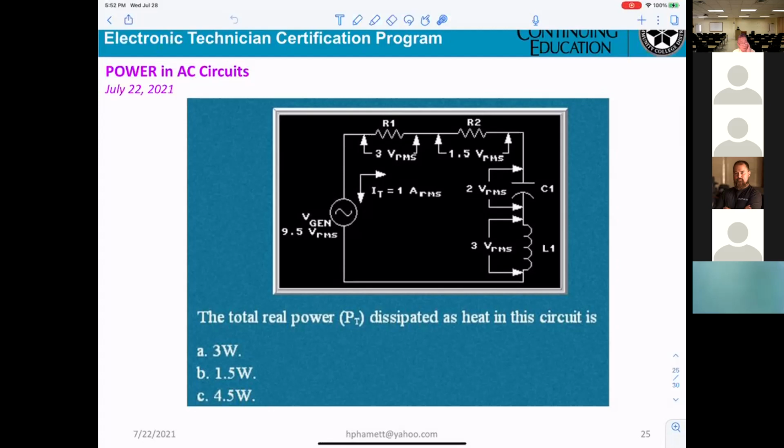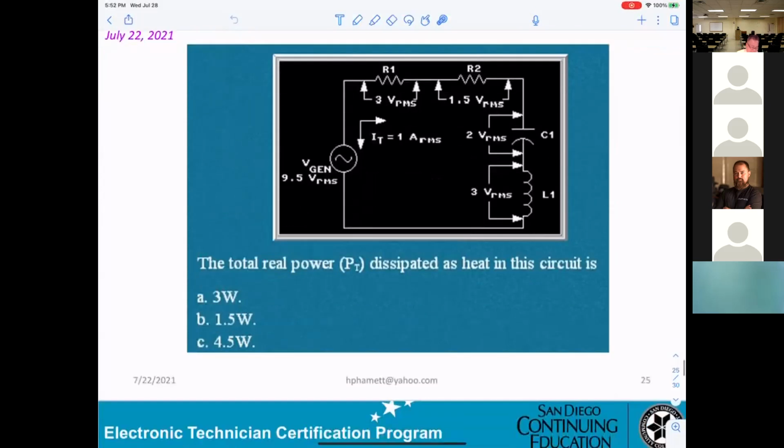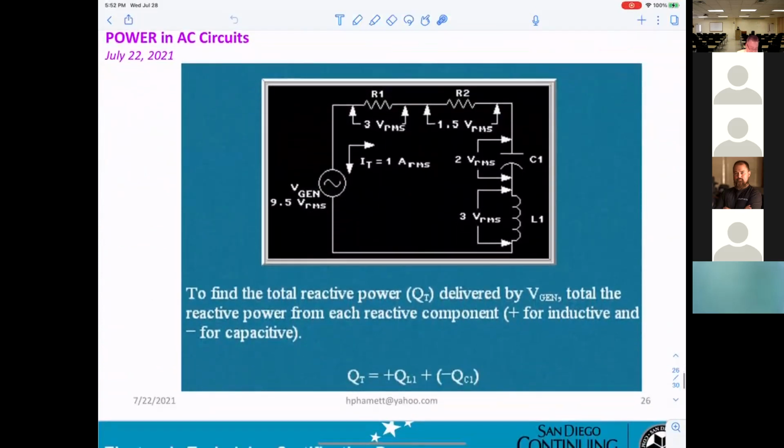Okay, if you have a question, just let me know. On this one, you can calculate the reactive power. It is still V times I. Now, to find the total reactive power, Q, used for reactive power delivered by the generator, total the reactive power from each reactive component, plus and minus.